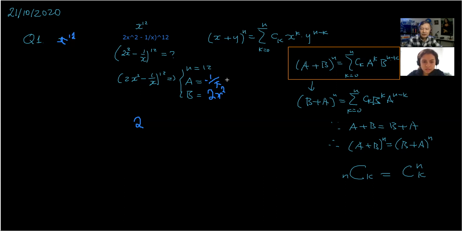Once we have identified these, we can just write here that we obtain 2x squared plus 1 minus x to the power of 12 equal to, we just copy it.